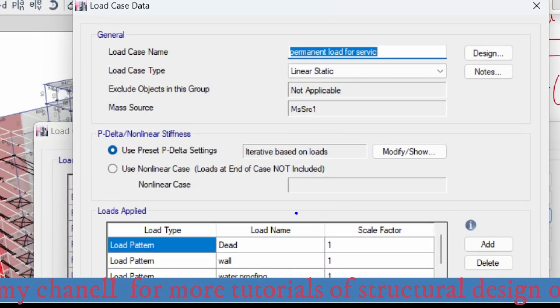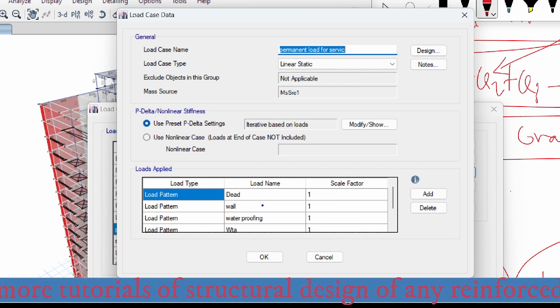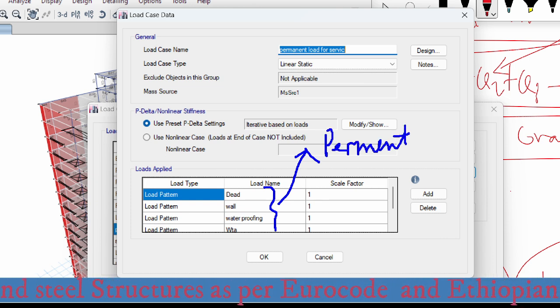Here permanent load service means the summation of all gravity loads with reference to permanent load. This is the summation of all permanent loads. I have already taken 100% of the permanent gravity loads.